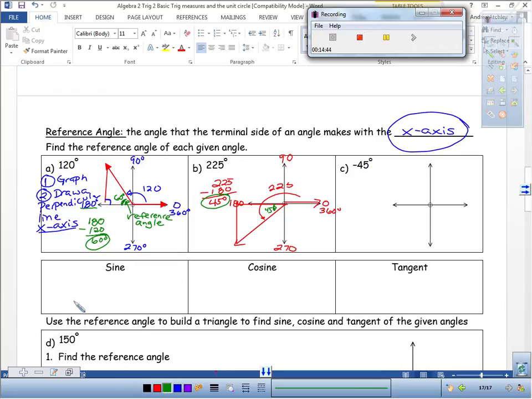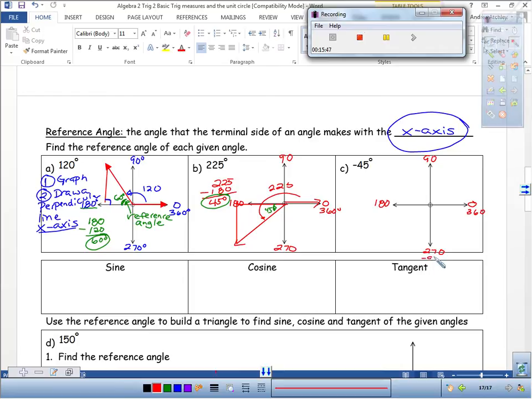Negative 45. Oh, this one's actually, let me do it with you. This is different. It's not the same thing, right? So this is 0, this is 90, this is 180, this is 270, this is 360. But if I'm going to go negative, what's this actually if I'm going negative?